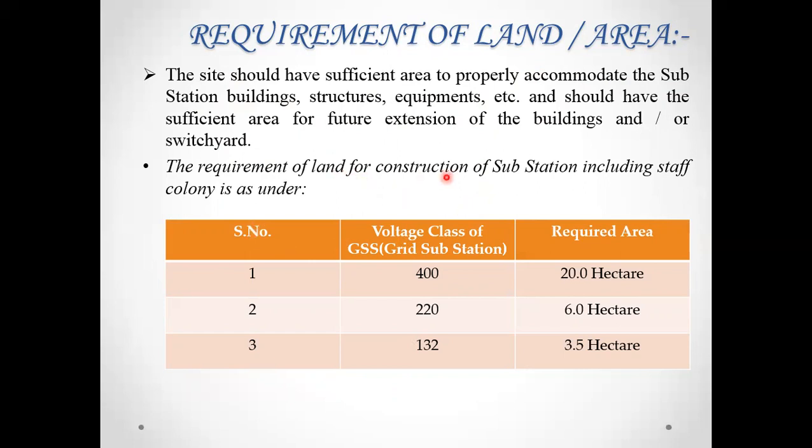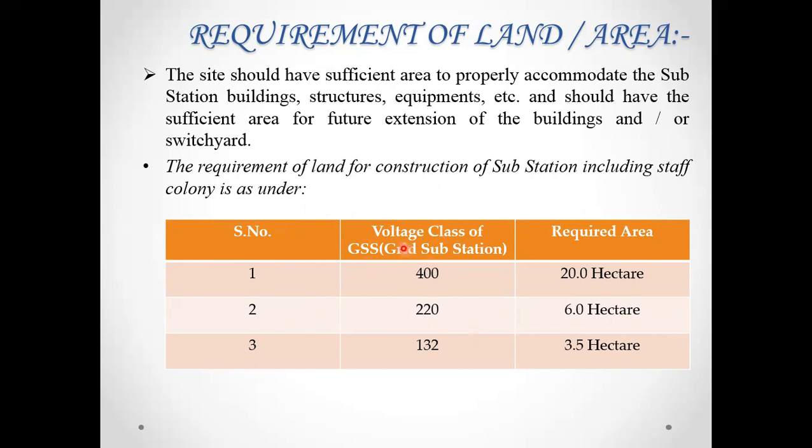The requirement of the land for the construction of a substation includes the staff colony. These are the area requirements, serial numbers 1, 2, 3, as the table shows. And the voltage class of GSS, what is GSS?